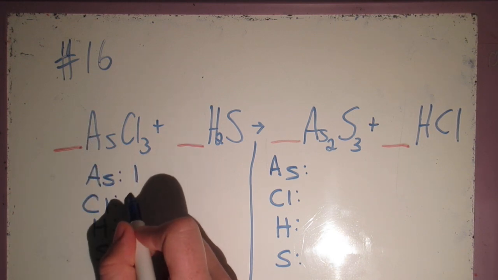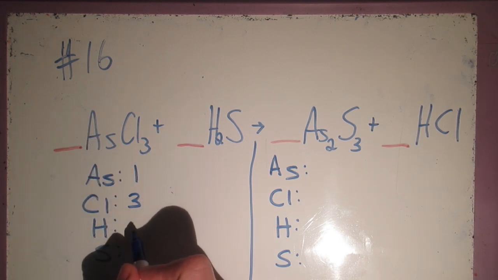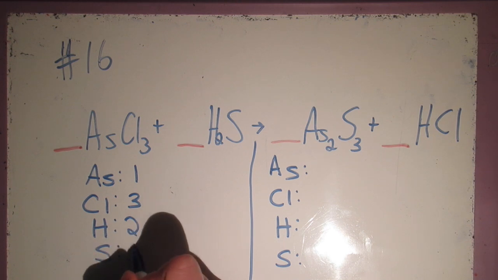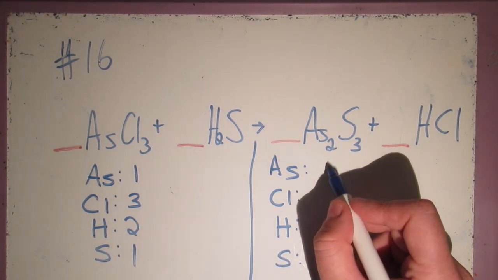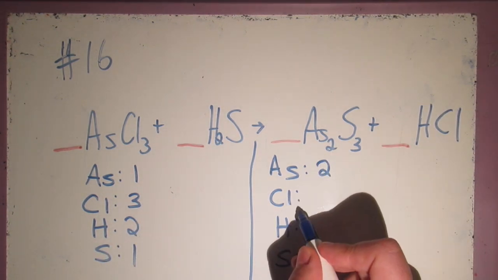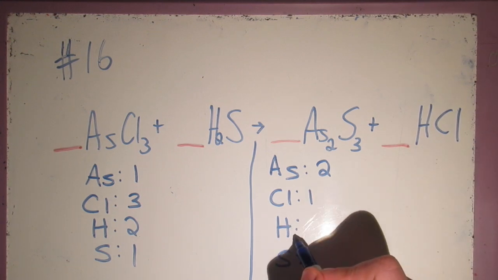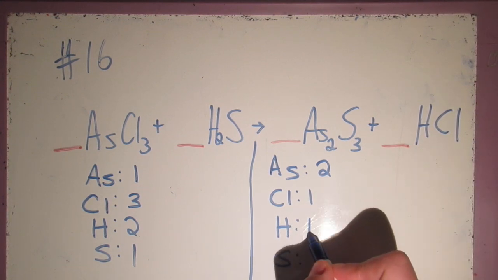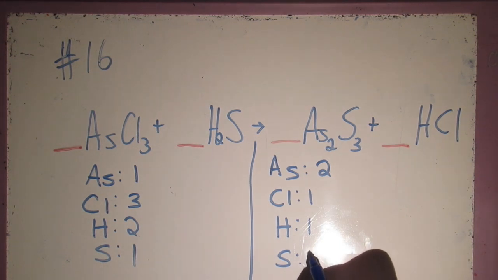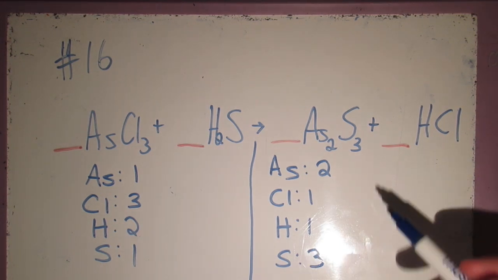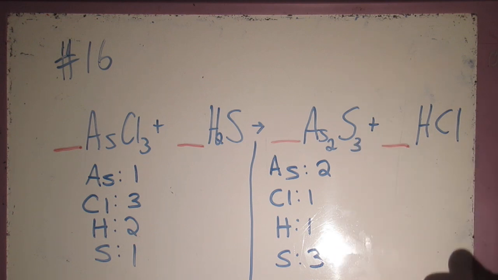Chlorine, subscript is 3. Hydrogen, subscript is 2. Sulfur, 1. Then here we've got 2. Chlorine, 1. Hydrogen, 1. Sulfur, 3. Okay, so you can see clearly it is not balanced because none of these numbers are all the same. So we need to put some coefficients in.